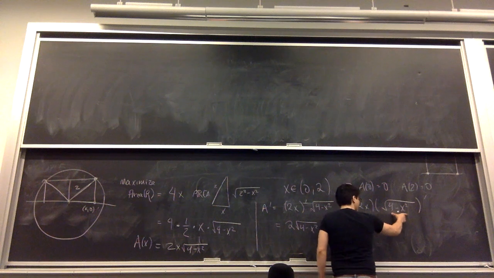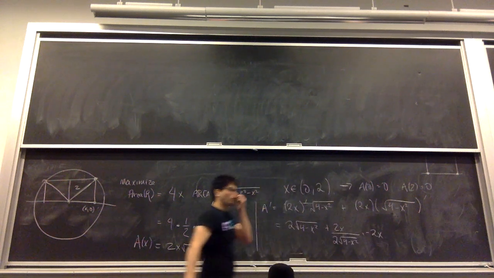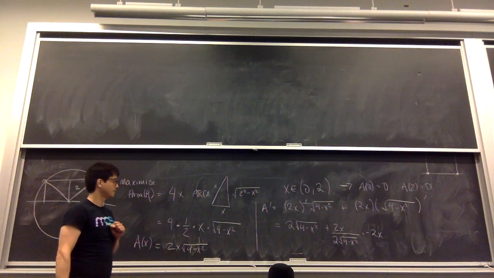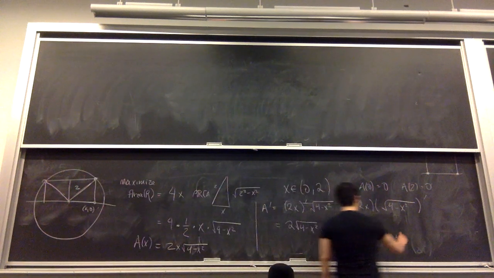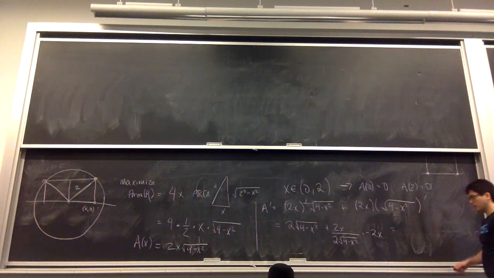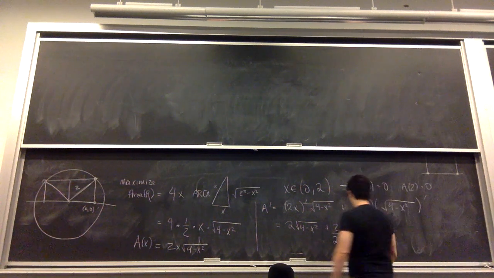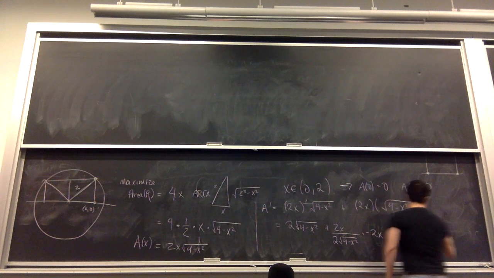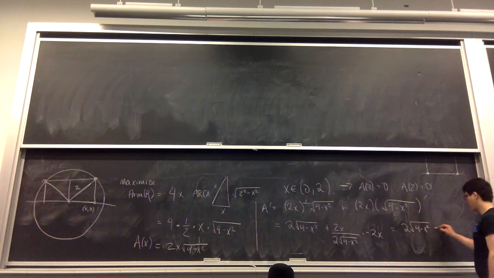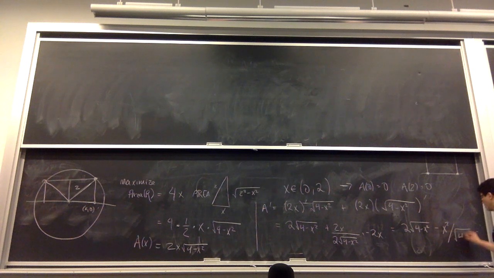I have to multiply by the derivative of the inside, which is minus 2x. Okay, so that means, what do we get? I can cancel out those 2's over here, so I'm going to have a 2 times the square root of 4 minus x squared, minus x squared over the square root of 4 minus x squared.